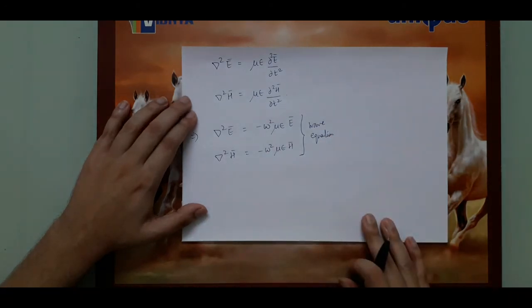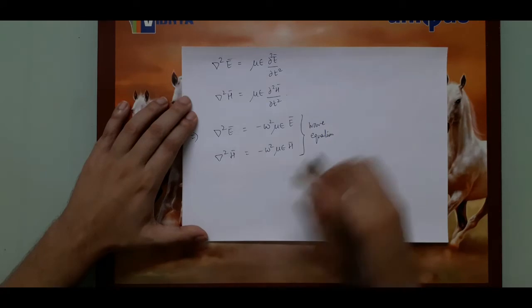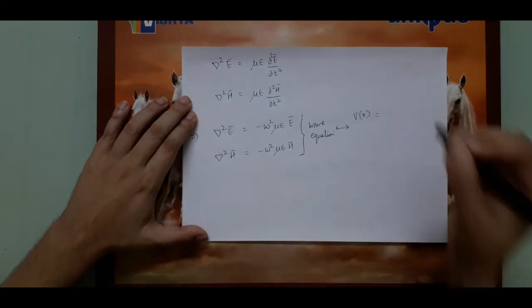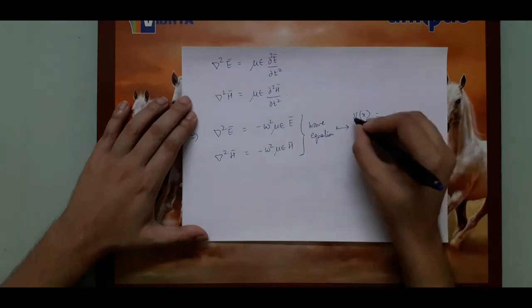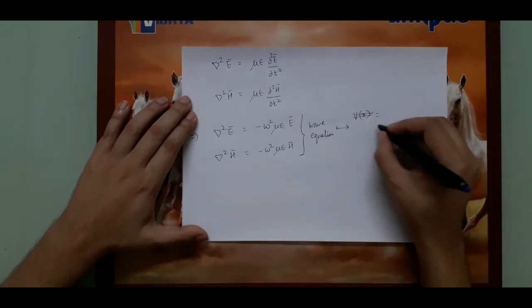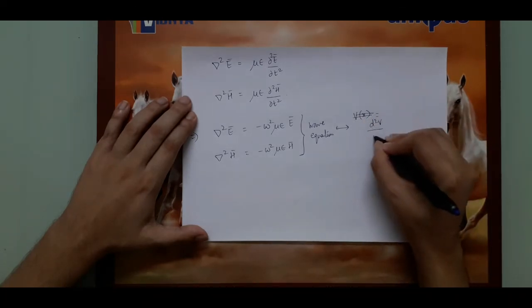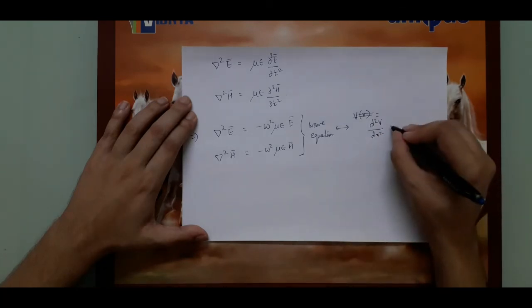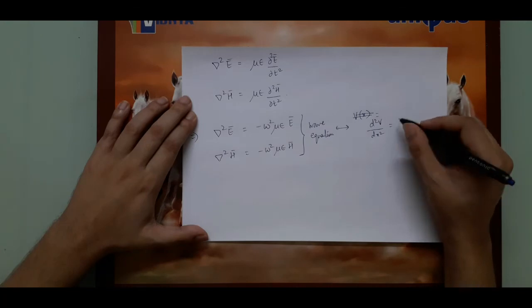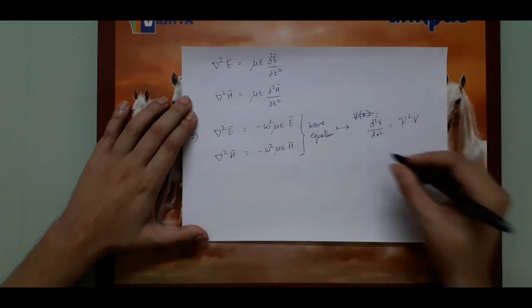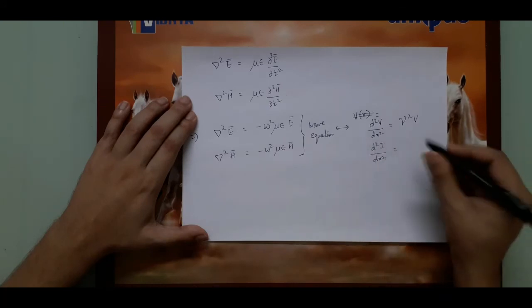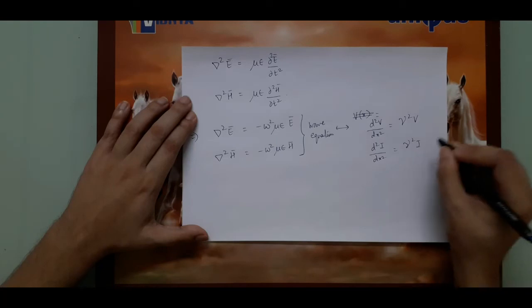Notice how they are very similar to the voltage solution, d square V by dx square equals gamma square V, and d square I by dx square equals gamma square I for a transmission line.